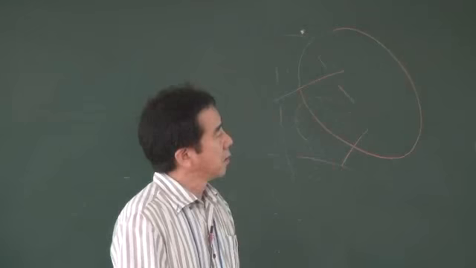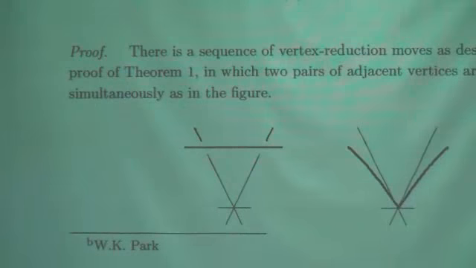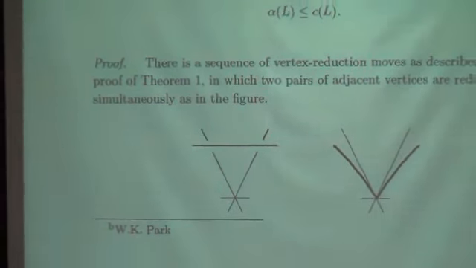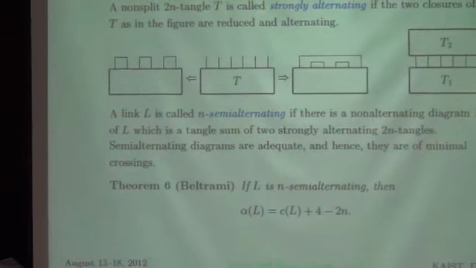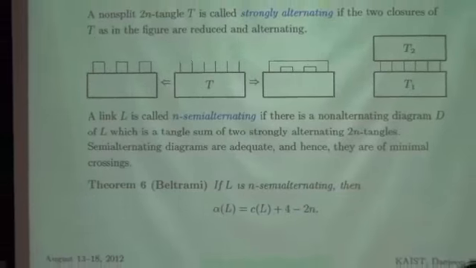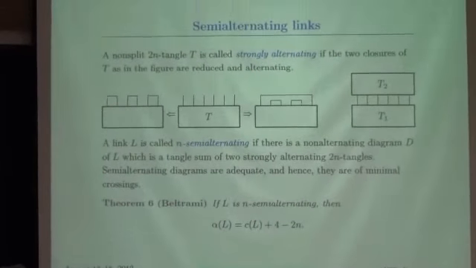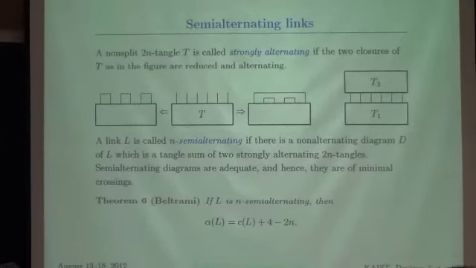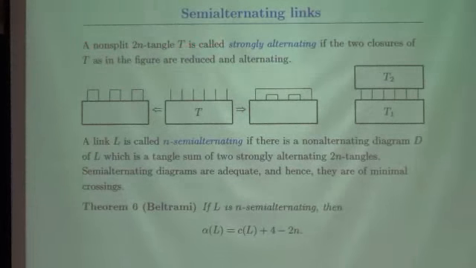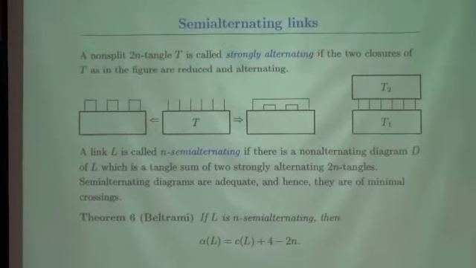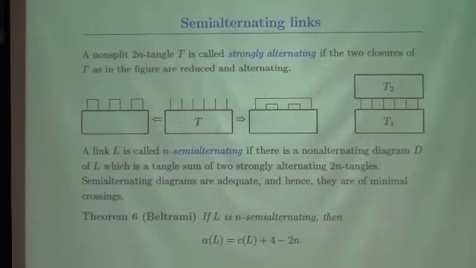Okay, so that's the outline of the proof of this inequality. And here's a special case of a non-alternating link. A non-split 2-tangle T is called strongly alternating. This is a 6-tangle.